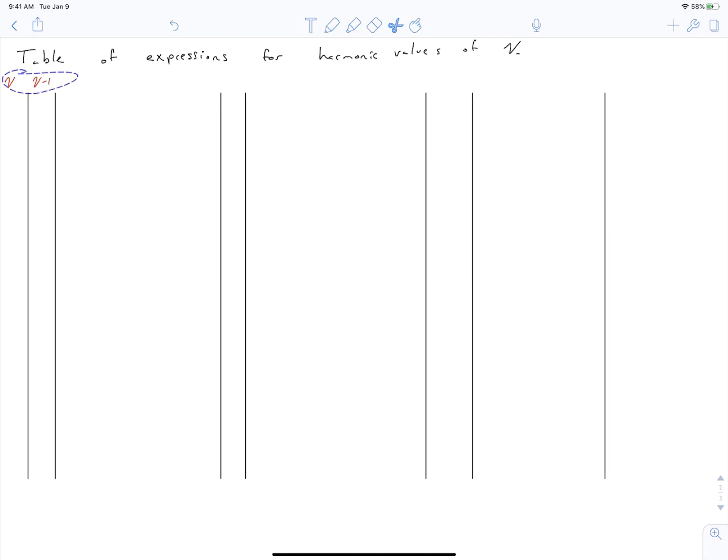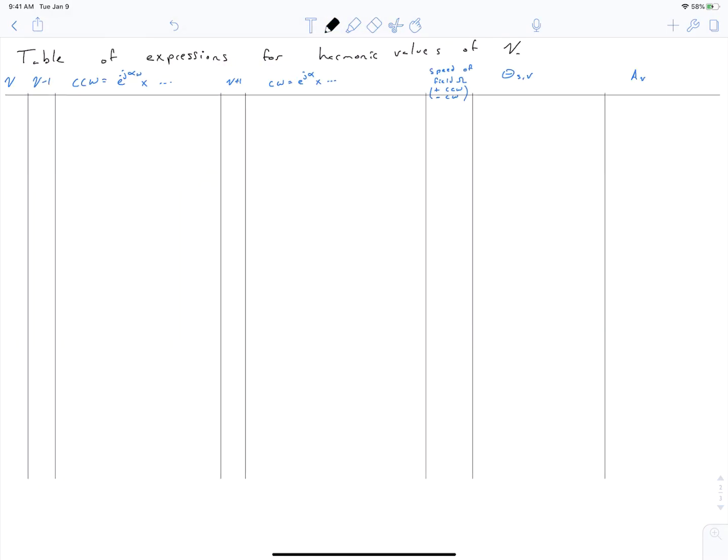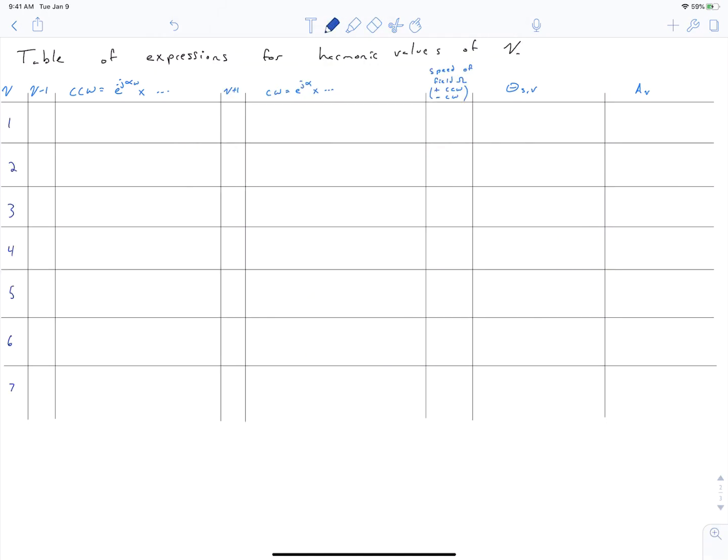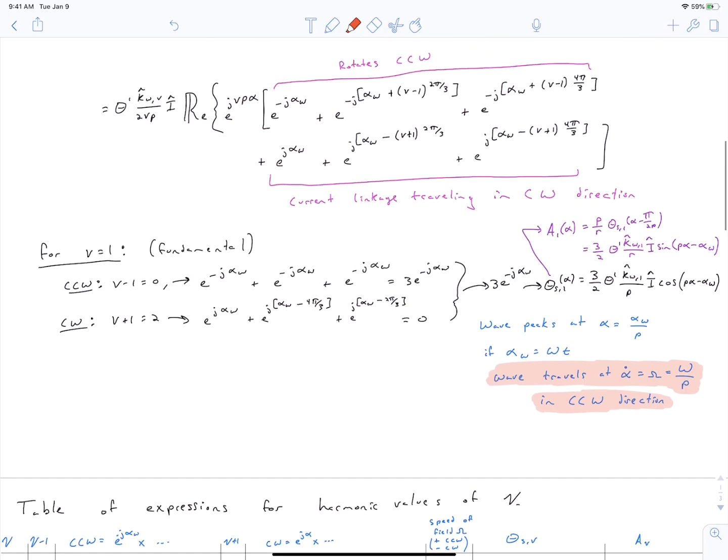And so what we're going to do now is construct a table of the different harmonics and which way the wave travels and at what speed it travels. You can see I've set this table up so that we'll be calculating the first 7 harmonics. Each of the columns of the table indicates a key quantity. So right here, we're going to be calculating the counterclockwise portion of this expression up here.